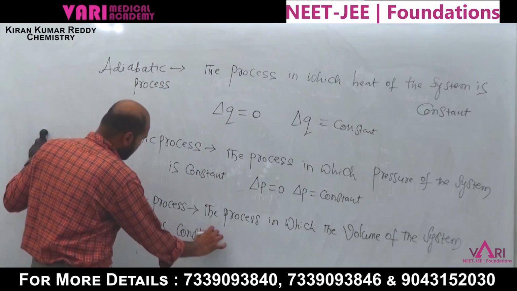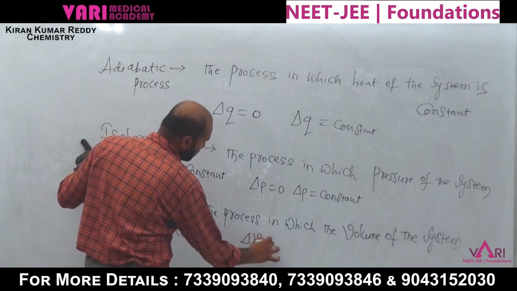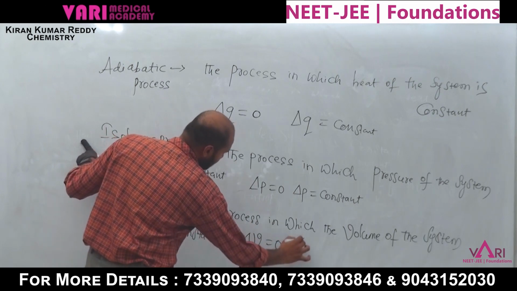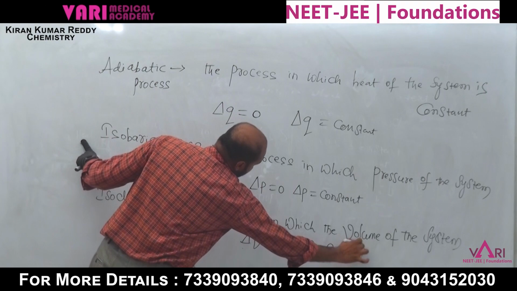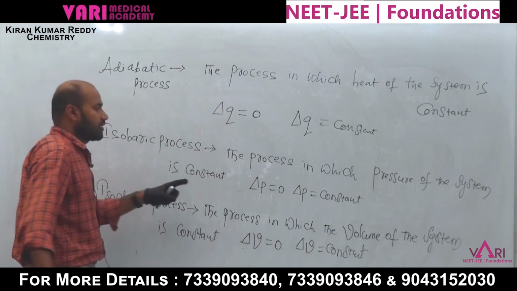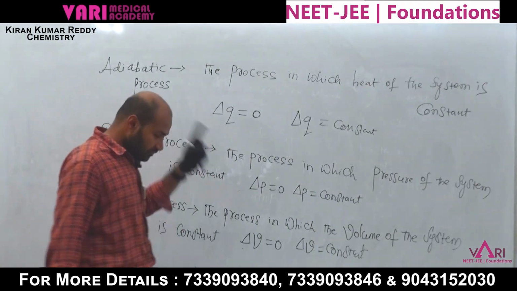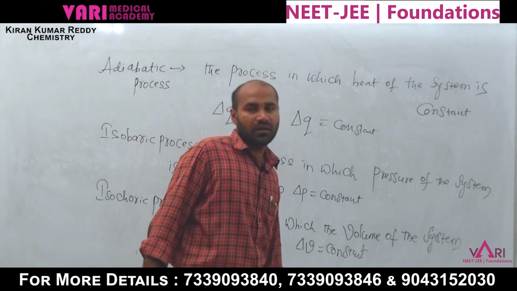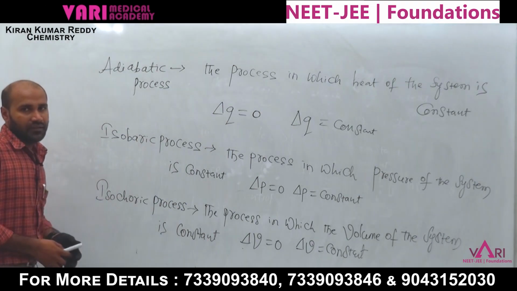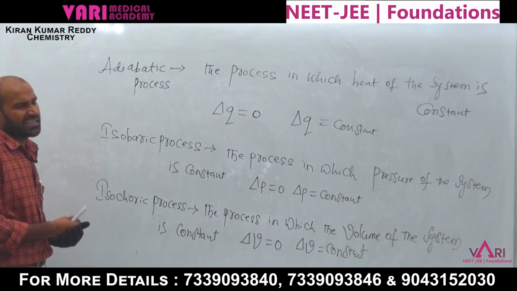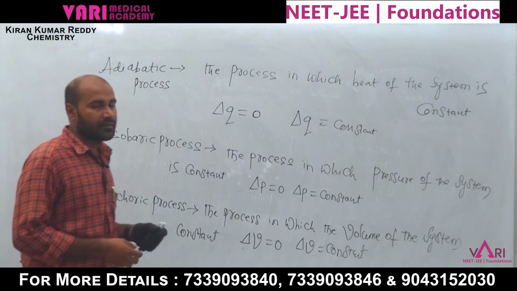That is called isochoric process. Delta V is equal to 0. Delta V is equal to constant. These are the different processes we used, just as an introduction. The thermodynamic processes are 4 types.